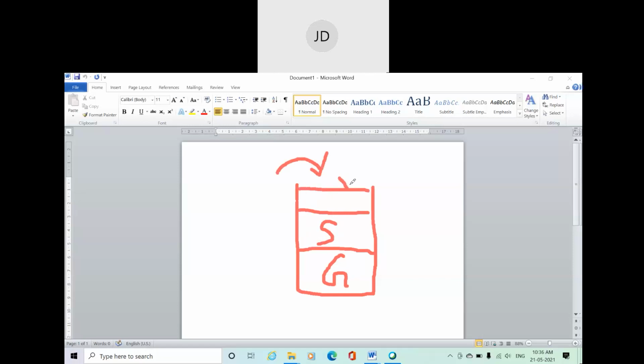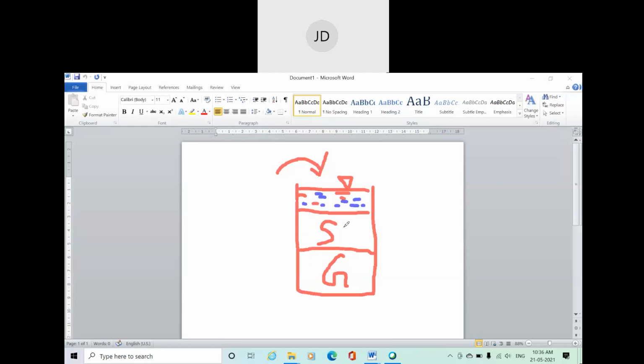Suppose water is up to this level. This is the water level. These all are water. So basically, this is your gravity filter. Basic, locally available. Anyone can prepare this.